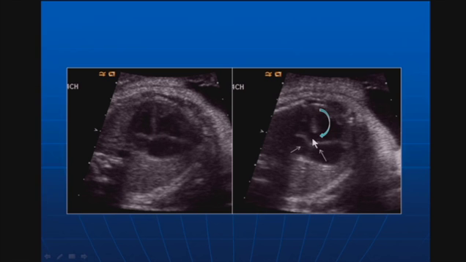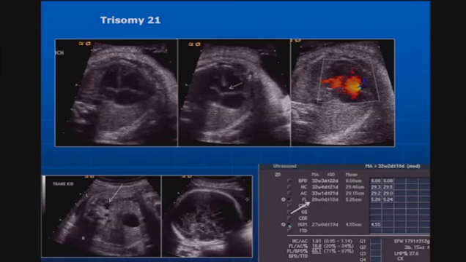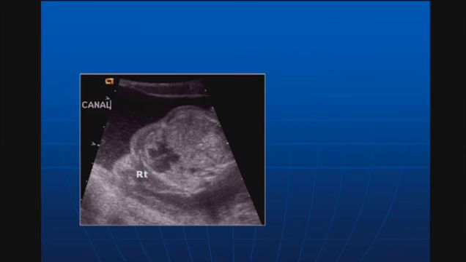So it's very important to get real time and do a sweep in different views, including an LVOT view, to look for any type of a ventricular septal defect. This was also associated with trisomy 21.